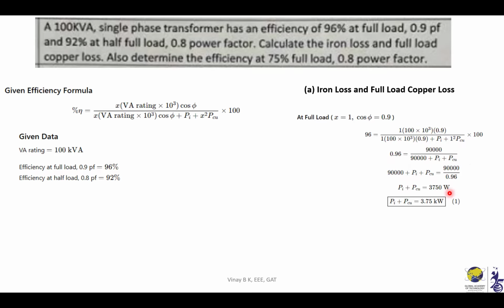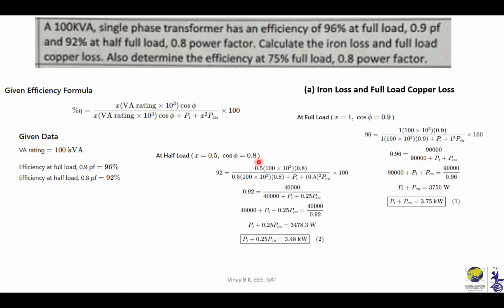Similarly, from half load, when X equals 0.5 and power factor is 0.8, you will get one more equation of Pi and PCU. And efficiency we know 92% and power factor we know 0.8 and the value of X is 0.5. Only the unknown parameters are Pi and PCU. So that 0.92 equals 40,000 divided by 40,000 plus Pi plus 0.5 square, that is 0.25 PCU.